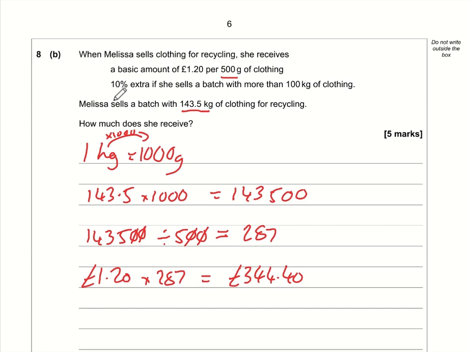£344.40. Now she also gets 10% extra for more than 100 kilos, so this is more than 100 kilos, so she'll get an additional 10% of the £344.40, and 10% is this amount here divided by 10, which comes to £34.44.